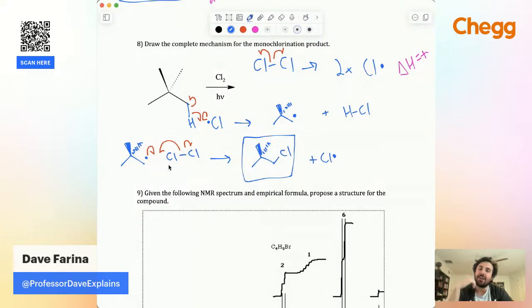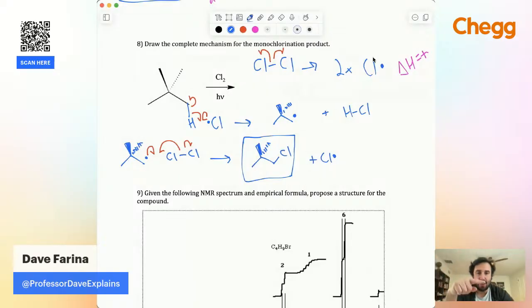And then the alkyl radical is most likely to react with diatomic chlorine. It wouldn't be wrong if you drew this as a termination step. You could have this interacting with a chlorine radical to just do a termination and get the product, and that would be exothermic, right? Termination is when two radical species interact to form one covalent species. It's the opposite of initiation.